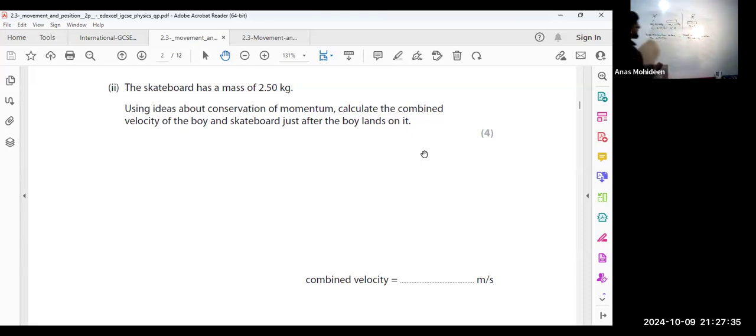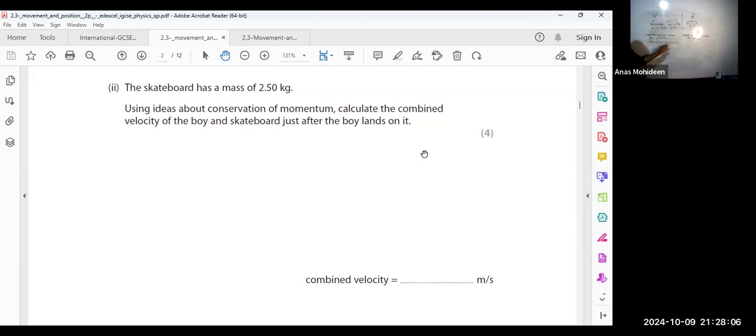And what is before the collision? The person is 43.2 kilograms and 4.10 meters per second. I'll take it straightaway; I don't want to write M1, V1 and all. Let me write 43.2 into 4.10 plus 2.5 kilograms, but it is at rest, so 0.